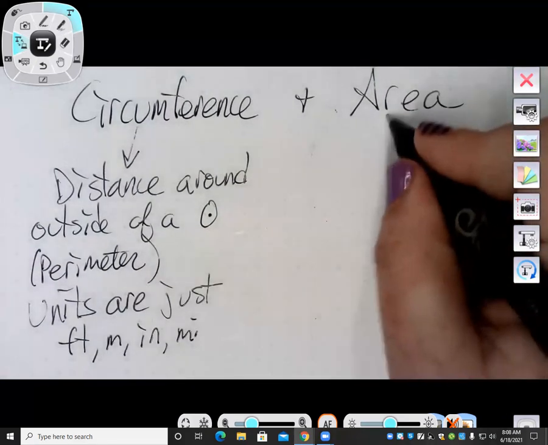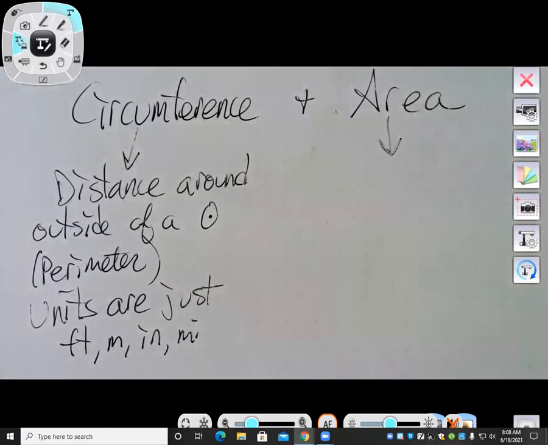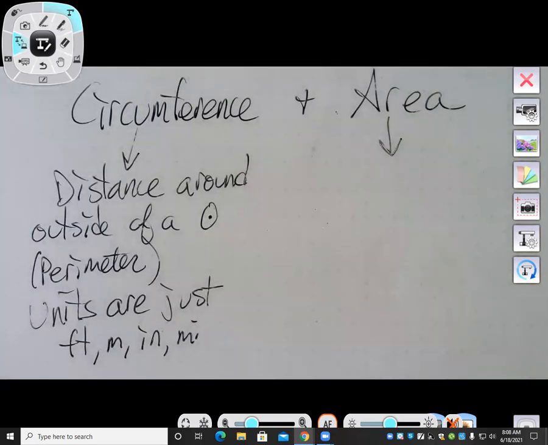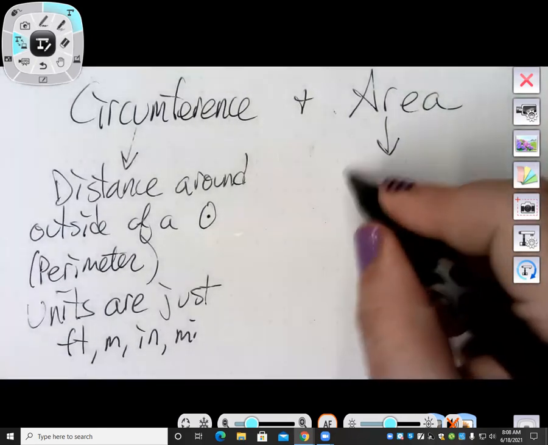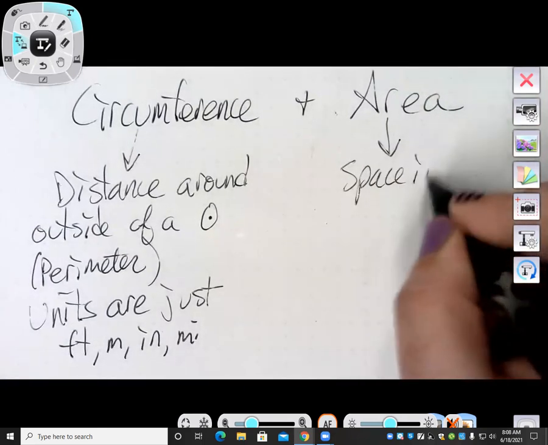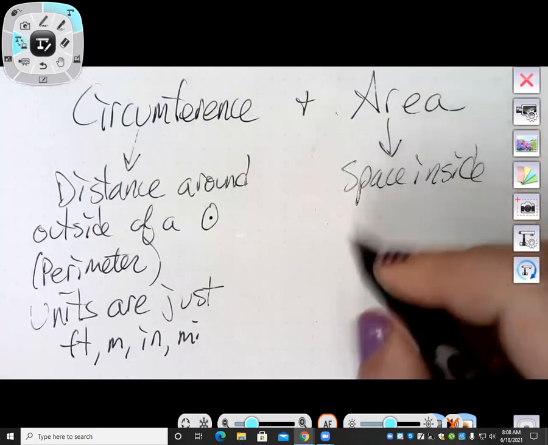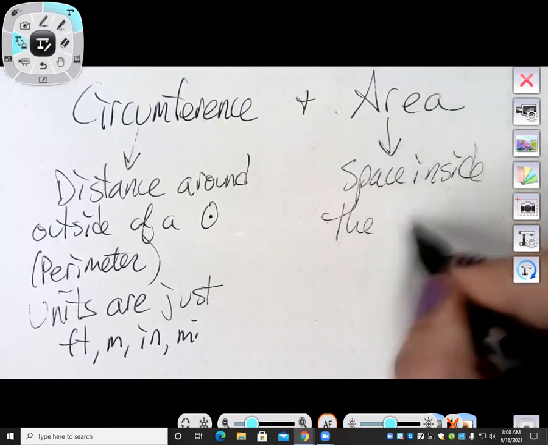Now for area, let's imagine that you're the groundskeeper for Tantasco and you got to mow the lawn in the middle of, I guess in our case, it's our football field, right? So we don't actually mow that because it's fake, but that would be the area, right? Because you don't just mow the outside ring, you would have to mow everything on the inside. So that is area. So that will be the space inside a circle.